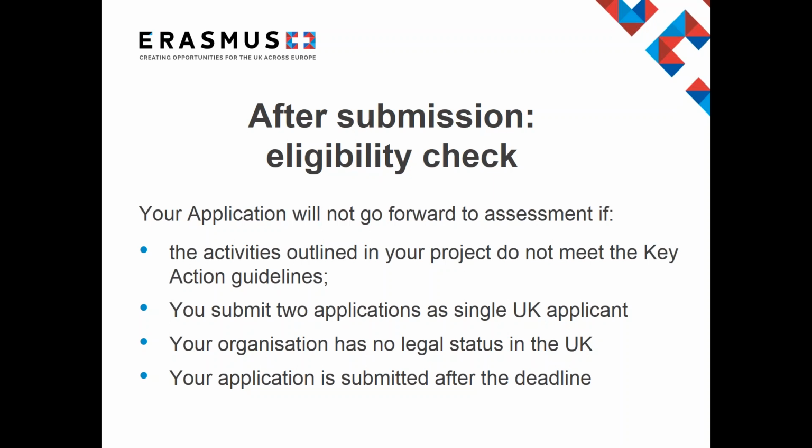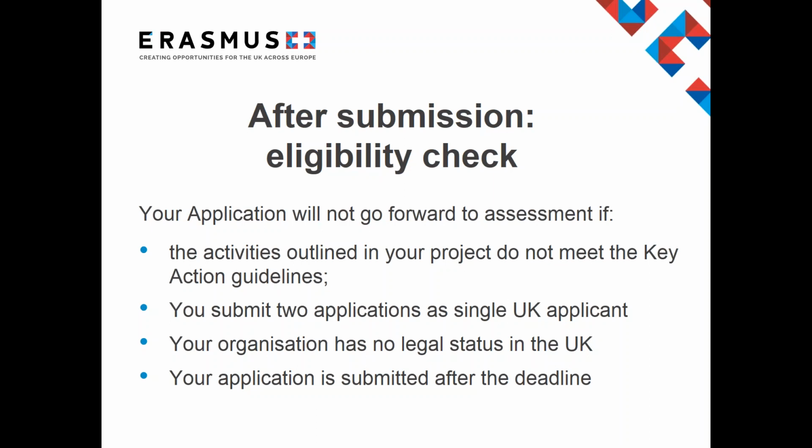For example, your application won't be eligible if your planned activities are not eligible under Key Action 1 VET. For example, you submit a Key Action 1 VET application to send primary school teachers to France so they can learn French to teach primary school children. Or if you submit 2 applications as a single UK applicant.